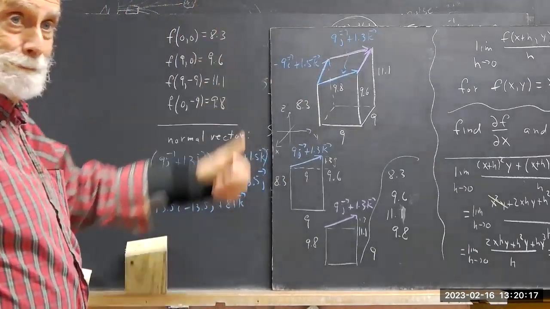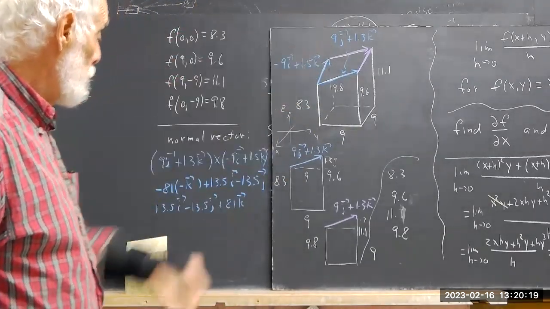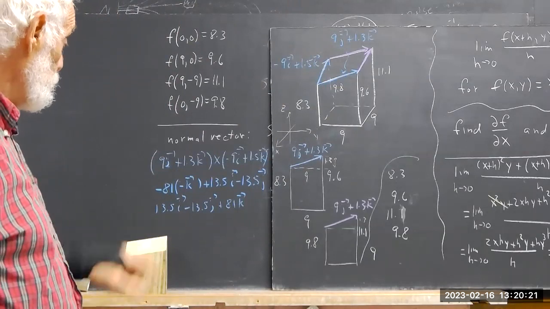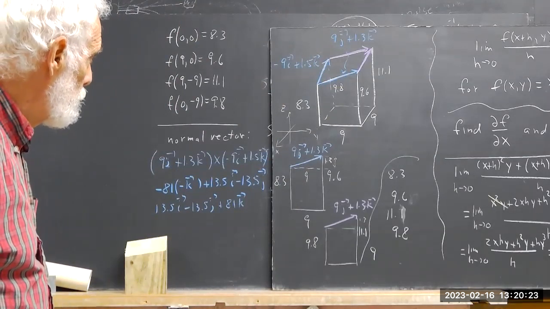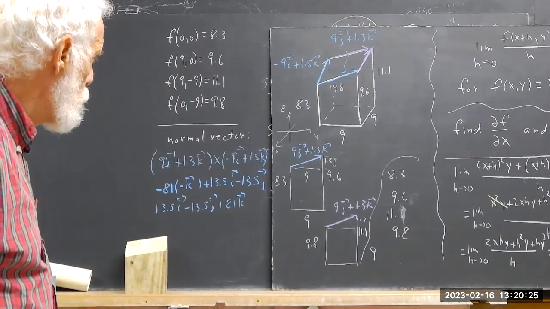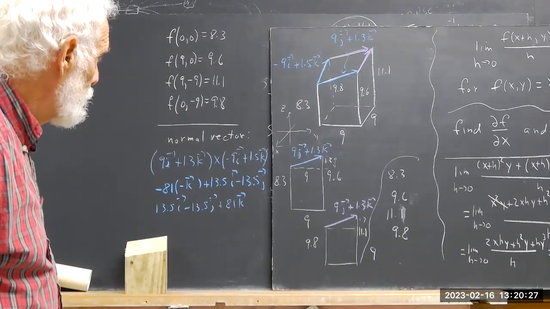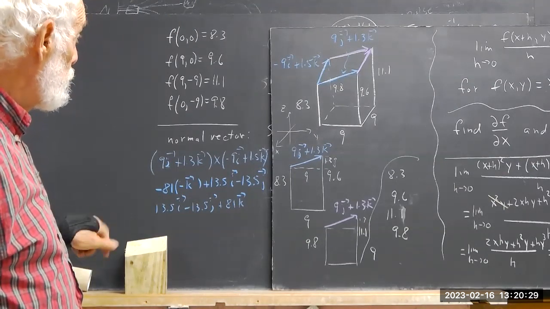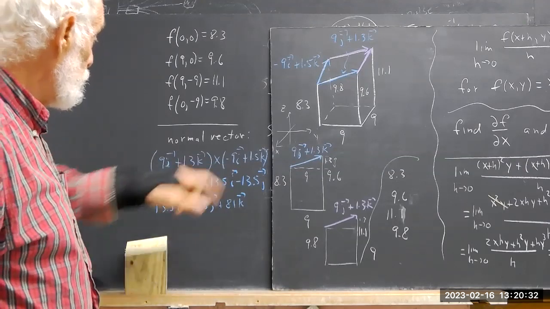Because everything here goes up. This goes up, this goes up. This is a negative 9I, 1.5K, so there it is.